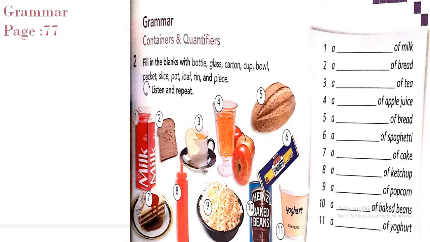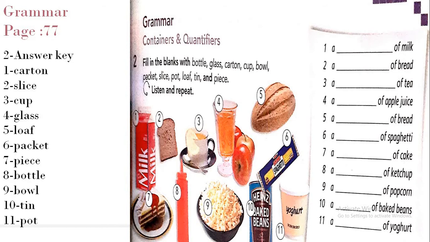Good, students, good. And now let me give you the answer. Exercise 2, answer key. 1. A carton of milk. Good. 2. A slice of bread. 3. A cup of tea. 4.